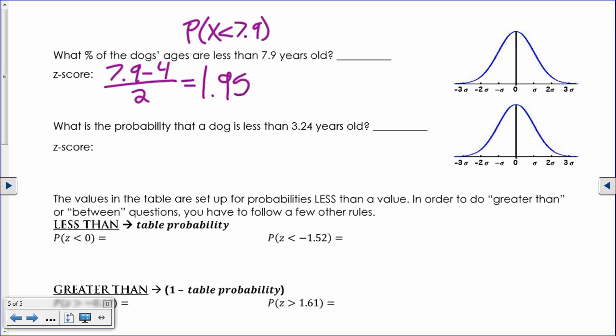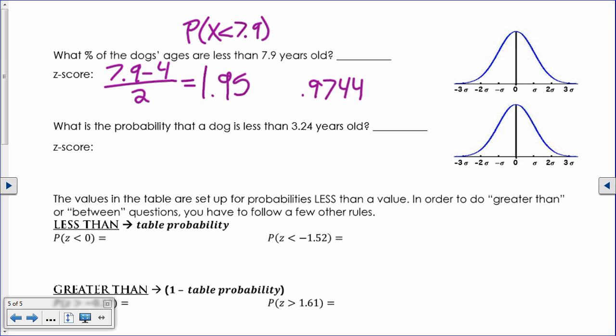You're going to go to 1.9 along the left, and then the extra 5 along the top, and then go down to where they meet. 0.9744. That's the probability, right?